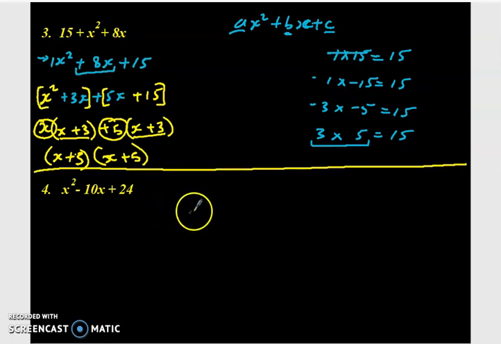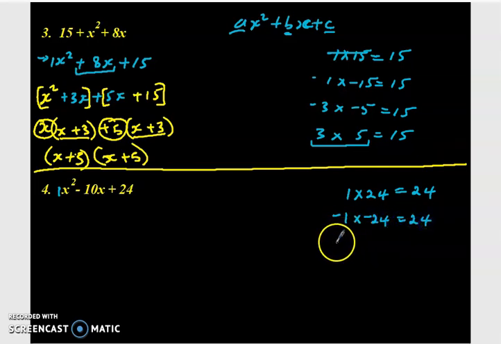Alright, number 4. So the coefficient is 1 for the x squared term. So 1 times 24 equals 24. Which other numbers will give you a positive 24? Negative 1 times negative 24 is a positive 24.